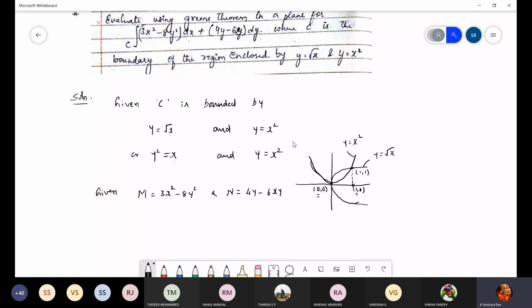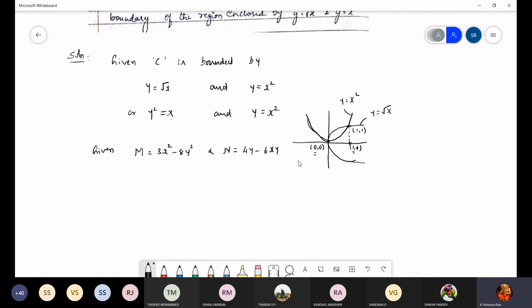Calculate: what is the formula, you just have to remember. It should always be dou N by dou x and dou M by dou y. M you differentiate partially with respect to y only. What is dou M by dou y? Partial differentiation of M: minus 16y.